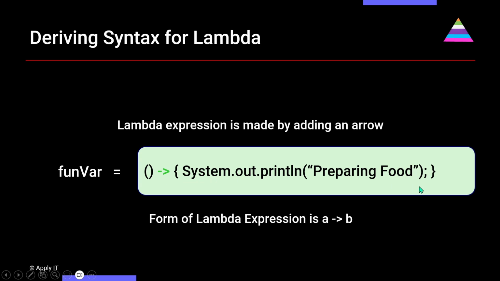Then we have the method body. So the form of a lambda expression is A arrow B, whose interpretation is we have something as an input. Using that input, you are going to perform these processing steps. So that is A arrow B. It is called a lambda expression in programming terminology.